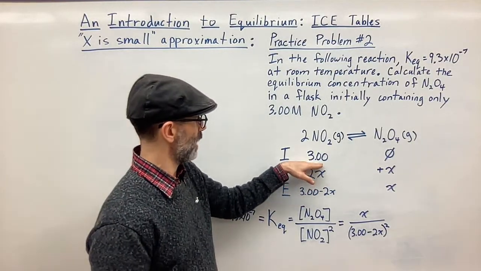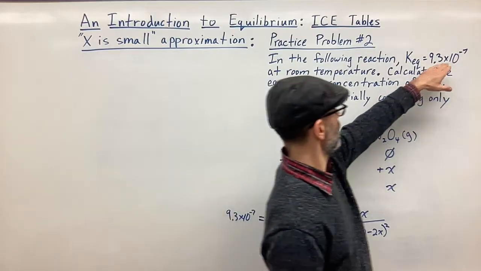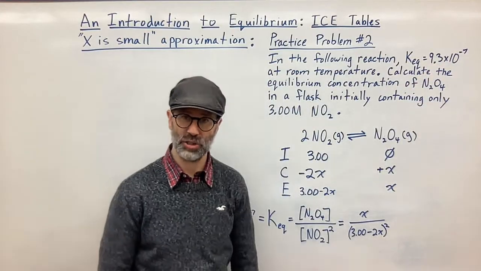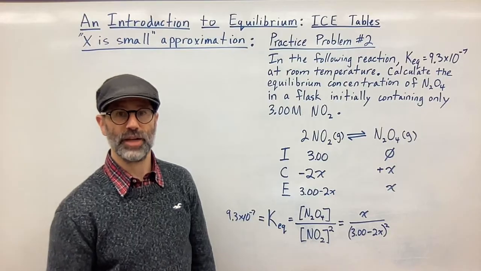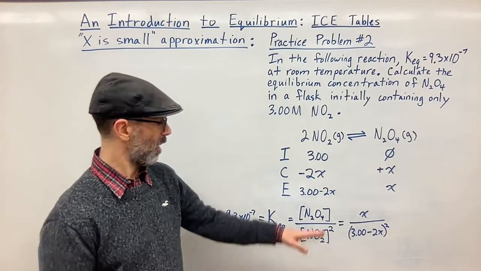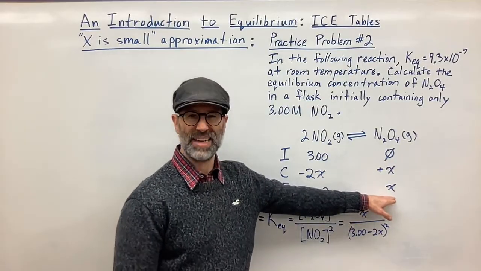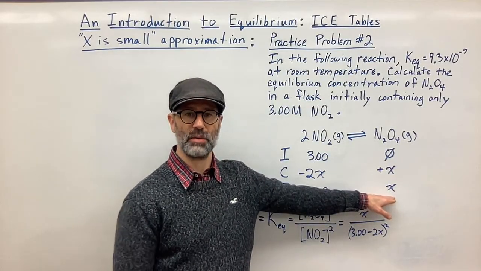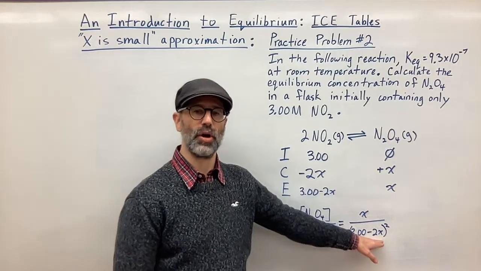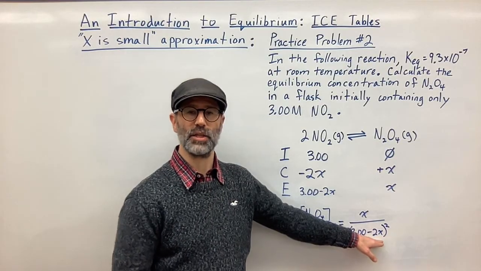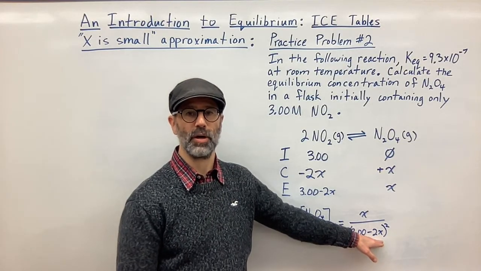If the initial concentration and your Keq differ by 1,000 or more, then there's a good chance that ignoring X, because it's so small that it's negligible, is going to be valid.